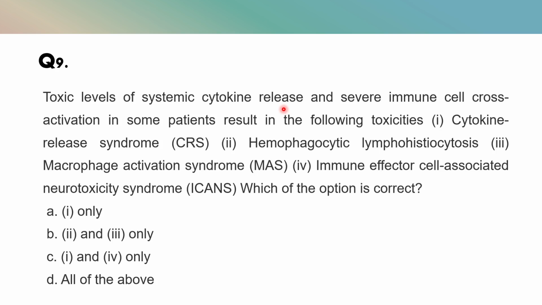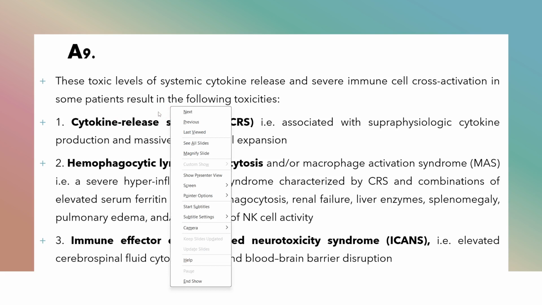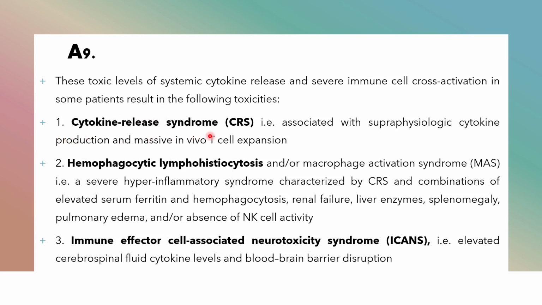So what are these toxicities? Let's talk about it. See here. This toxic level of systemic cytokine release and severe immune cell cross activation in patient result in following toxicities. Which one is it? Cytokine release syndrome, that is associated with supraphysiologic cytokine production and massive in vivo T cell expansion.